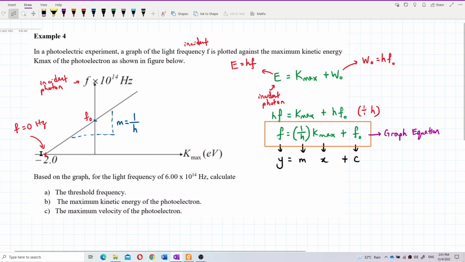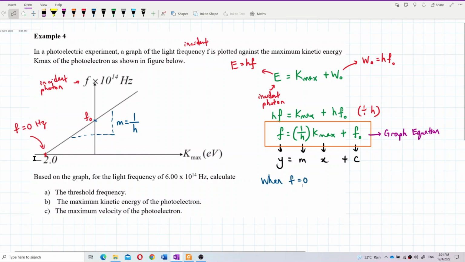Okay, so now I want to find this value. What does this -2 electron volt represent? This happens when the frequency of incident photon is 0. So I need to check over here. When the frequency is 0, that means when the y-axis is 0.